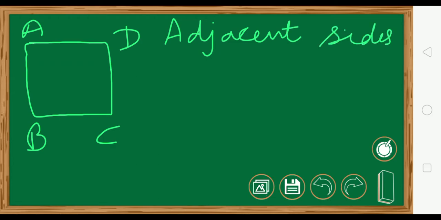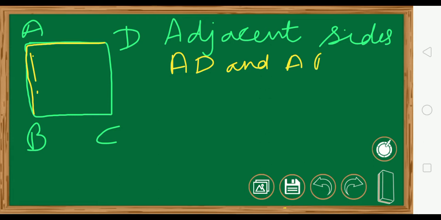Adjacent sides are the sides which have a common vertex. For example, AD and AB, they are joined at A, so they are adjacent sides. So AD and AB, this is one pair.